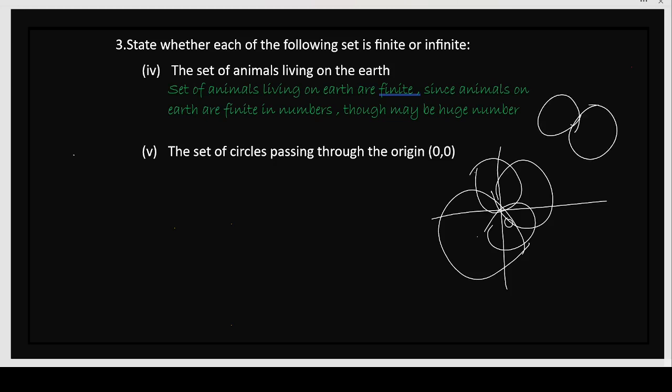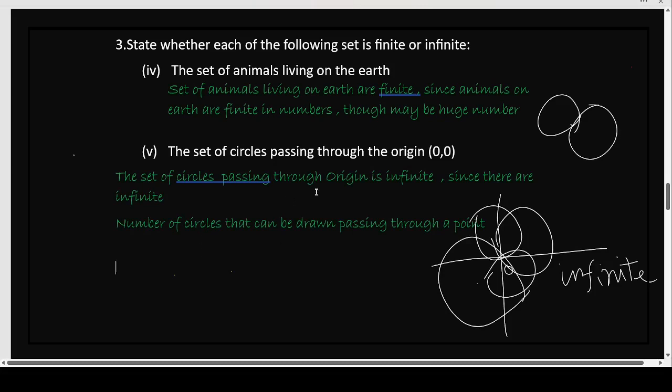So circles passing through the origin are infinite. So the number of elements of this set is infinite and so the set is an infinite set. The set of circles passing through the origin is infinite since there are infinite number of circles that can be drawn passing through a point.